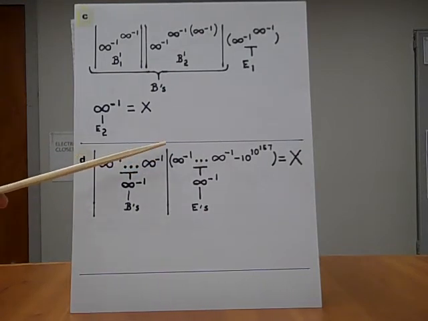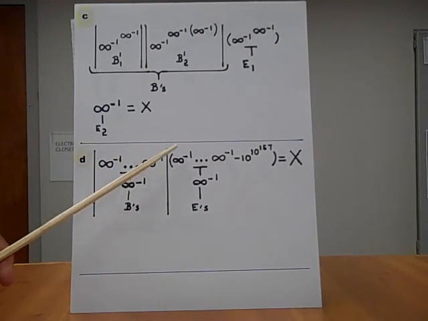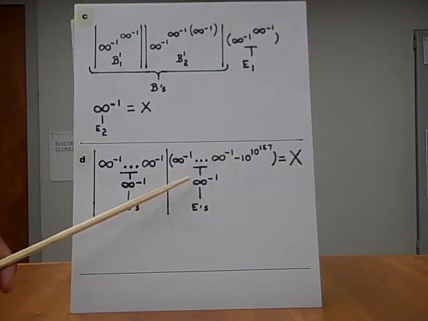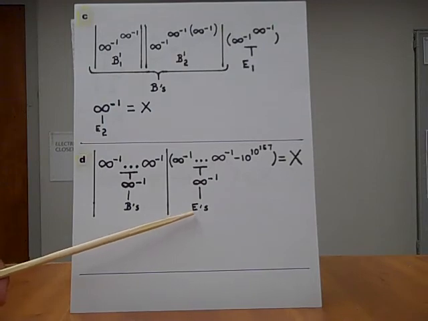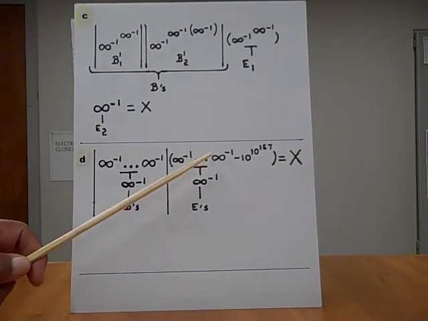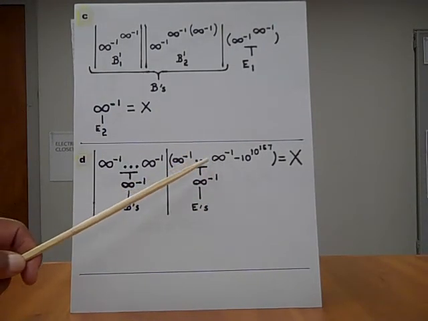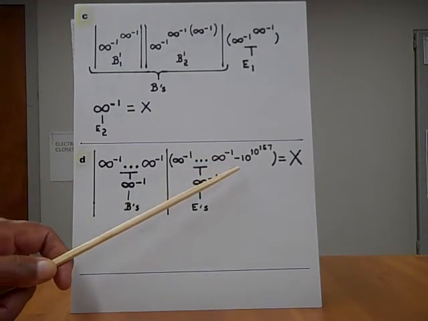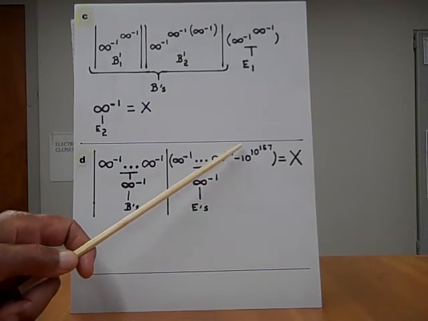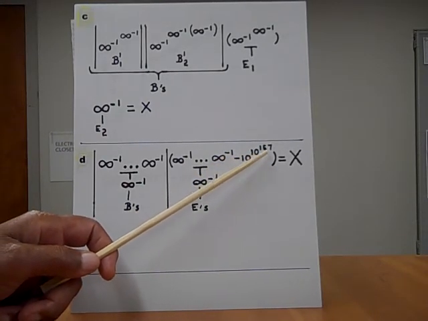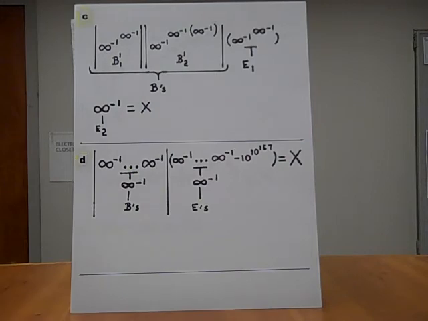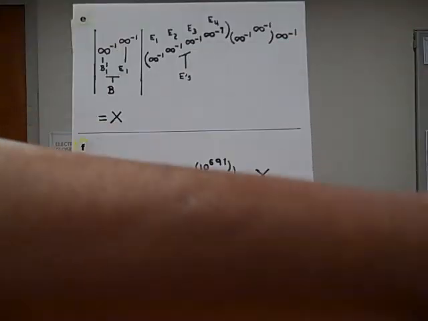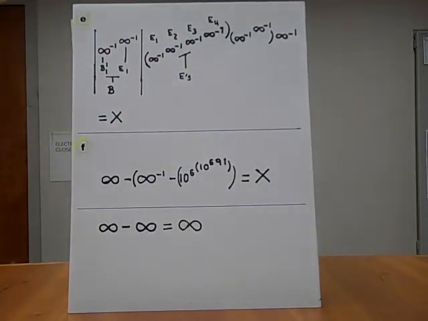In these two vertical straight lines, to the exponents of infinity minus 1, 2, and so on, to infinity minus 1 of exponents, when that ends, it picks up here at infinity minus 1 minus 10 taken to the 10 to the 167th power, which equals x amount of years. We'll go to form E.